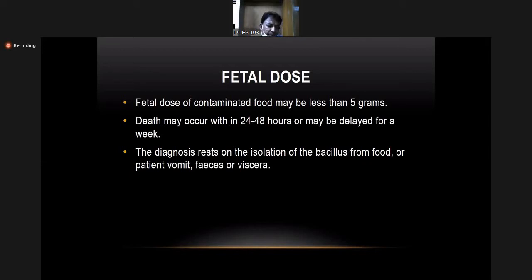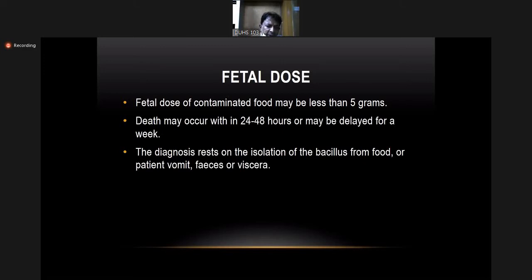So 5 grams of botulism toxin is enough to kill a young adult within 8 to 20 hours or 30 hours. Death may occur within 24 to 48 hours at maximum, or may be delayed for a week depending on the toxin quantity present in the body.